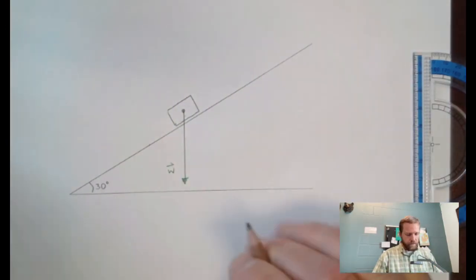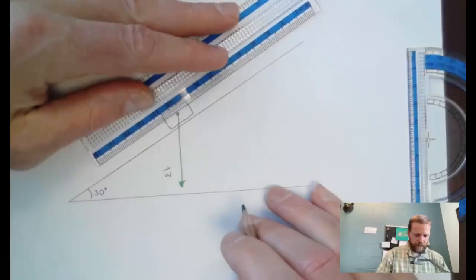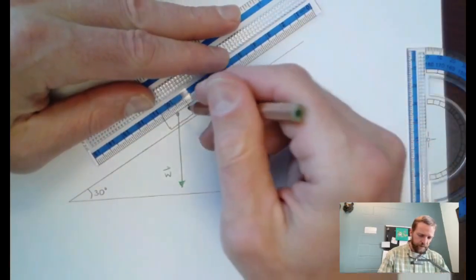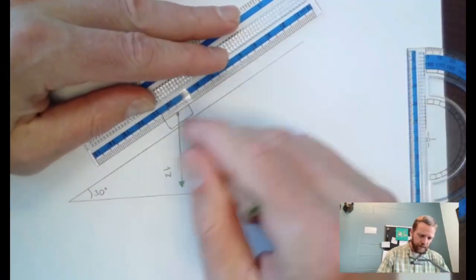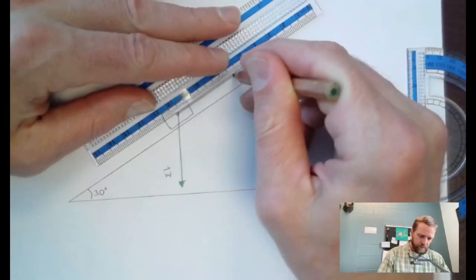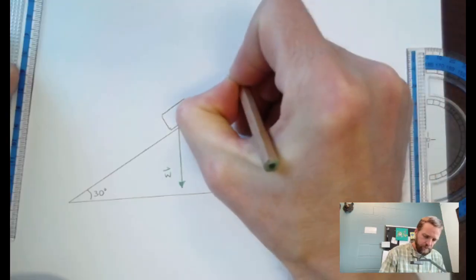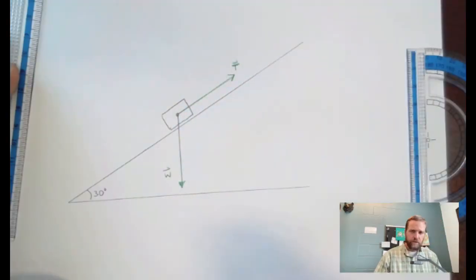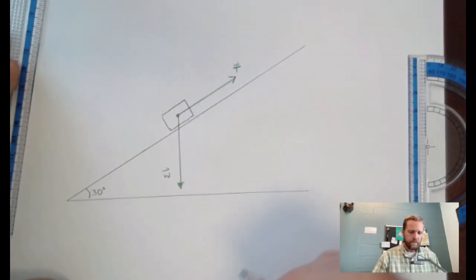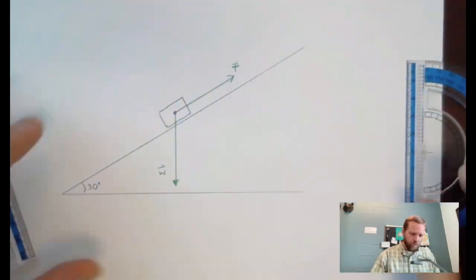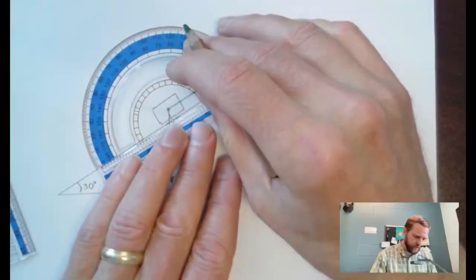And then we have the tension, which is heading parallel to the surface. And then the normal force is perpendicular to the surface.